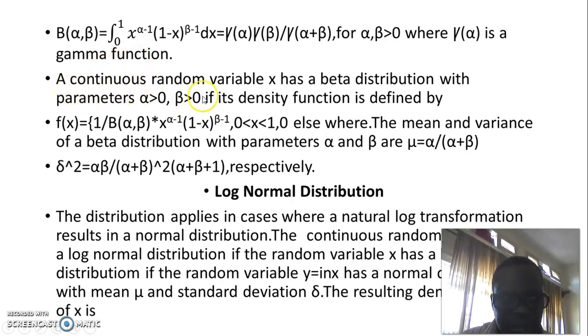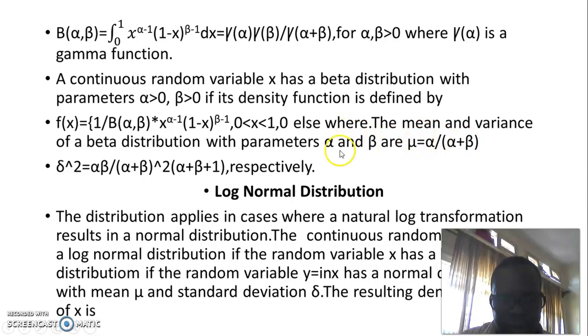So a continuous random variable x has a beta distribution with parameters alpha greater than 0, beta greater than 0 if its density function is defined by 1 over the beta function of alpha and beta, times x to the power alpha minus 1, times 1 minus x to the power beta minus 1, for x between 0 and 1, or 0 elsewhere.